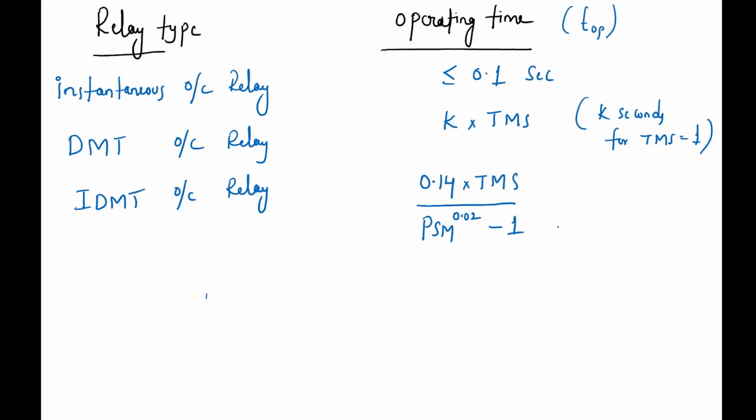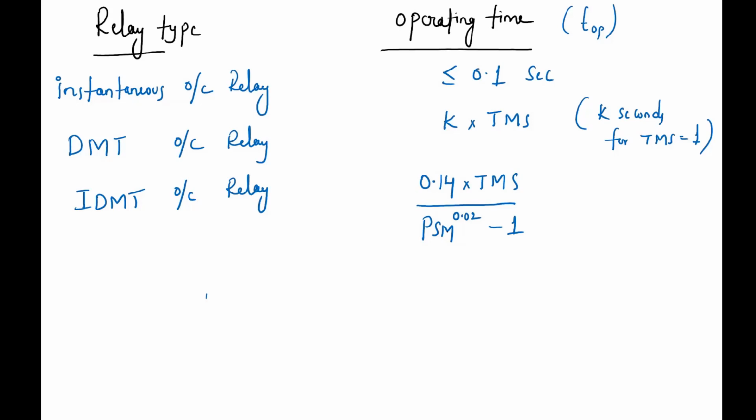If you know the TMS value and the PSM value of an IDMT relay, you can directly tell the operating time by using this formula. It is not designed by anyone. It is an IEEE standard formula. So 0.14 into the TMS setting value divided by PSM to the power of 0.02 minus 1.